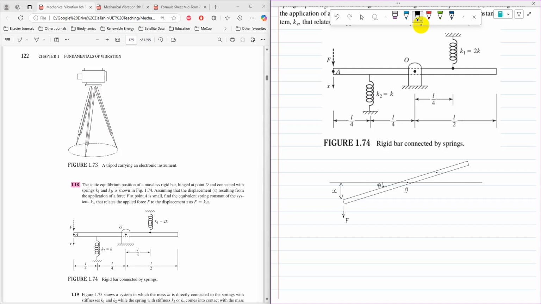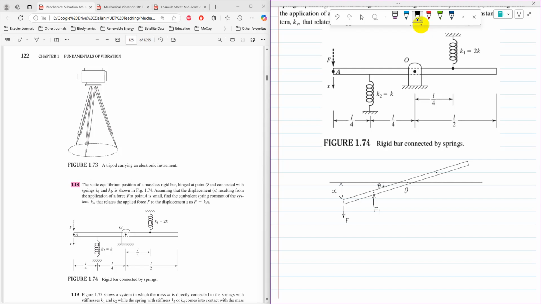So one force is acting here and one force is acting somewhere there. Now this force is trying to rotate the bar in the anti-clockwise direction, so it is trying to compress this spring. So the spring force will be upward, which is F1.